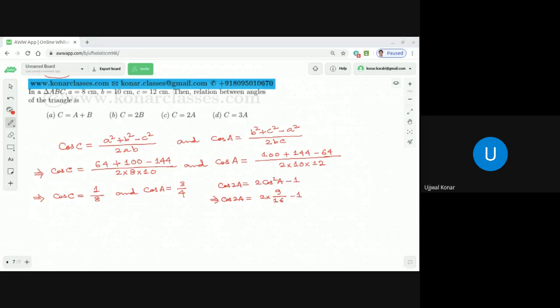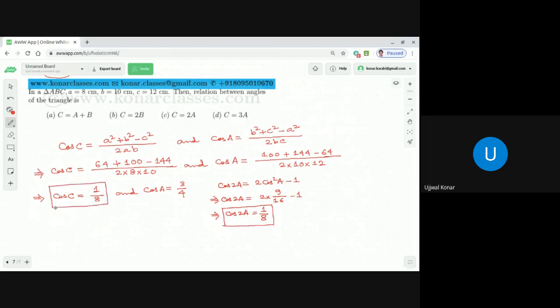Correct, now, dear students? So from here, the value of cos 2A is equal to 9 by 8 minus 1, that is equal to 1 by 8. Now we get a good value with respect to the question that has been given to us.